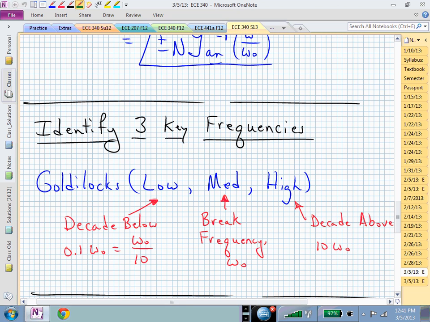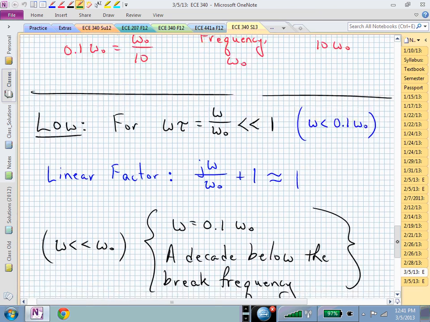When we say we have a low frequency, that means we are at least a decade below, and a decade is a factor of 10. When we have a high frequency, that's a decade above, which is another factor of 10, and that's then bounding, or on either side of, the break frequency omega naught. Those are our 3 key frequencies.